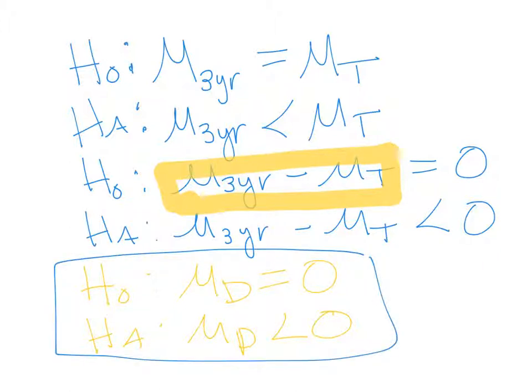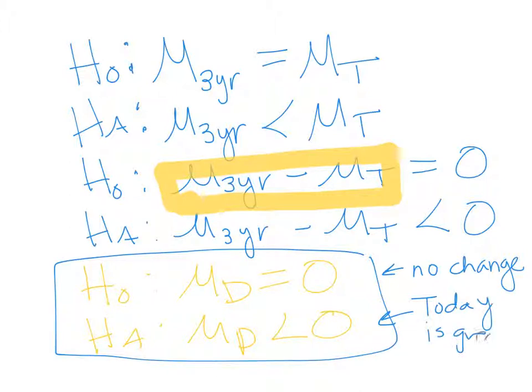You put a little d next to your mu sub d, the mean of the difference, is equal to 0, means no change. The mean difference less than 0 actually means that today is greater. It's important that you set these up correctly, or you'll have the wrong-tailed test and you'll end up with the wrong answer.